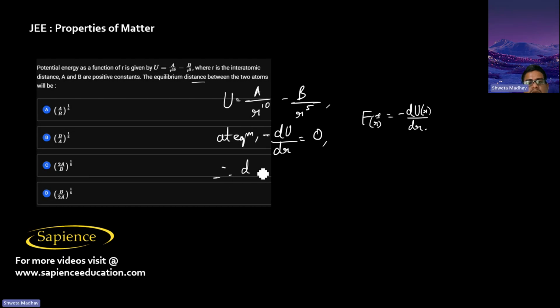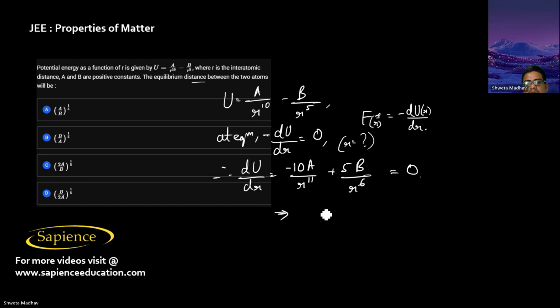Now therefore, we have to find the value of r where the force will become 0. So dU by dr is equal to minus 10a by r power 11 plus 5b by r power 6. So this will be equal to 0. So therefore, 5b by r power 6 is equal to 10a by r power 11.